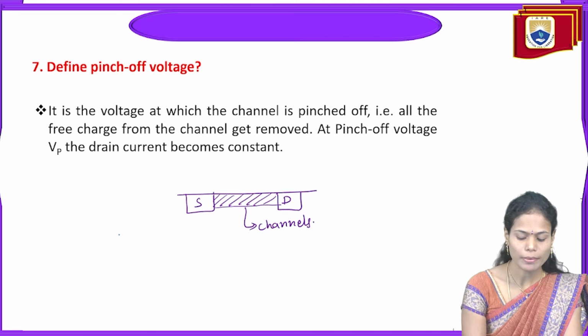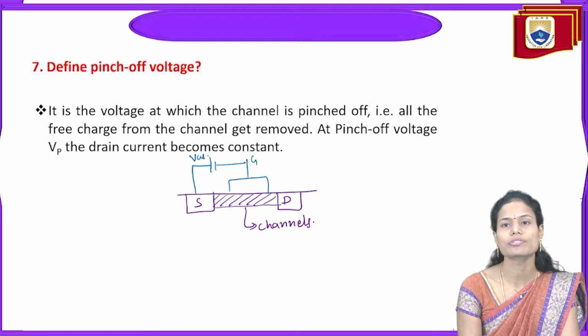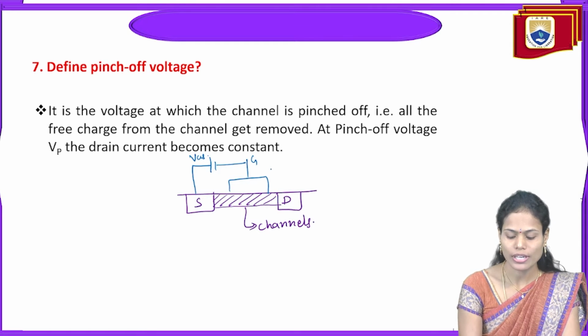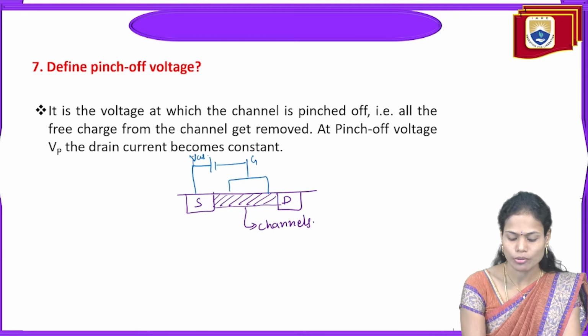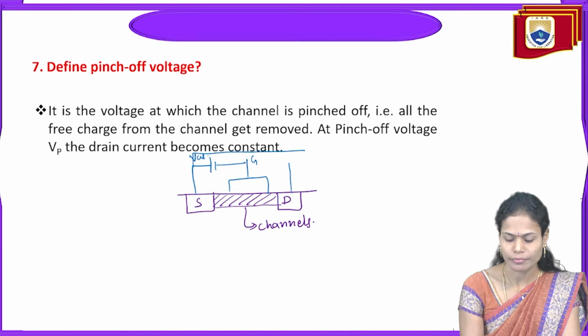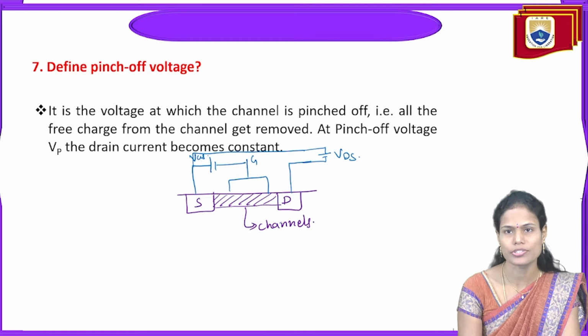That depends upon how much gate to source voltage we are providing for the FET, as well as how much drain to source voltage we are providing for the FET here. So depending upon the drain to source voltage and gate to source voltage, the width and length of the channel change here.